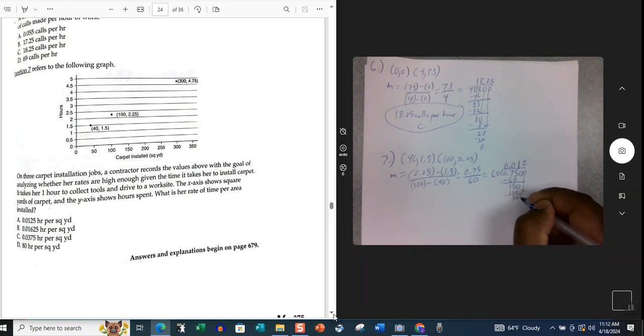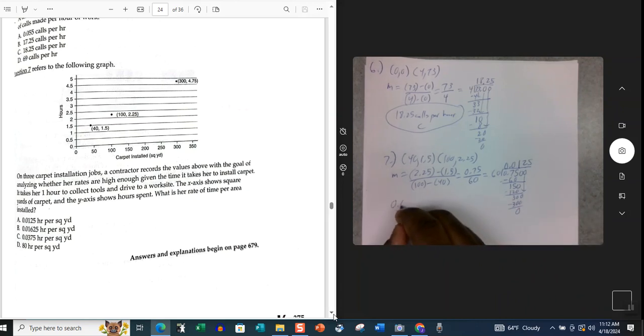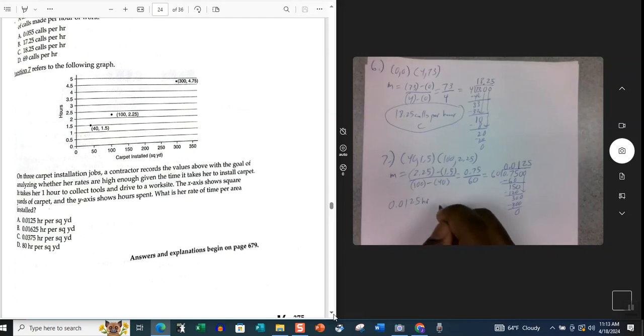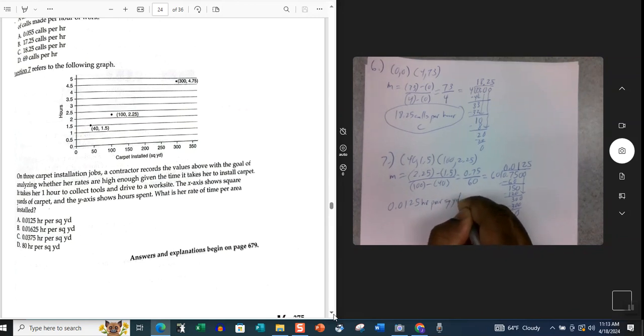Add a 0, bring down your 0. 60 goes into 300 5 times. 5 times 60 is 300. So our final answer here is 0.0125 hours per square yard. And that would be A.